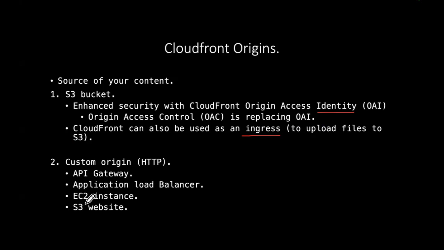Or this might seem odd though, if you actually are using S3 as a website, you could use that as well as the origin. I am making a distinction here between using S3 here and using S3 here. When I talk about S3 up here, I'm talking about S3 simply as an ordinary bucket that contains content. Whereas here I'm talking about an S3 bucket that has been configured as a website host.